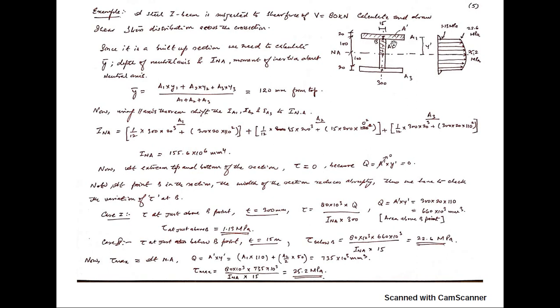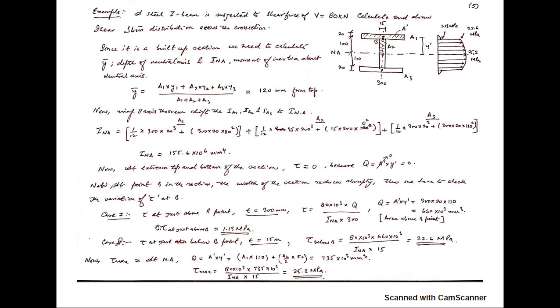So first of all we will calculate shear stress at B. Okay, at B we will calculate, and then we will calculate at the neutral axis. The value of Q will change from B to the neutral axis. And you can see over here that at point B there are two cases.